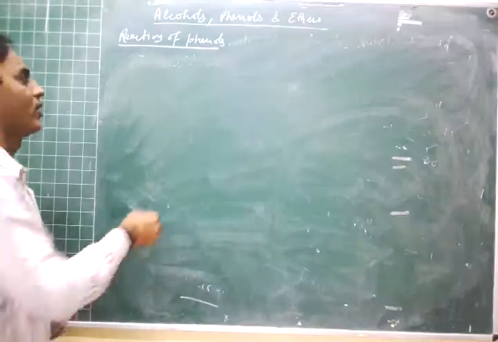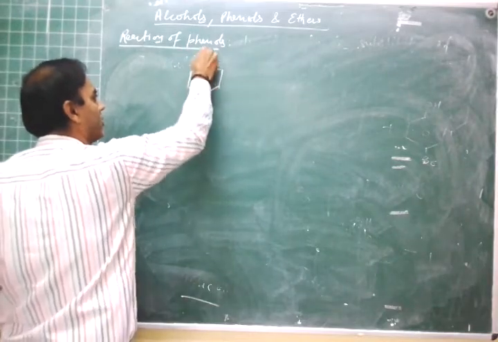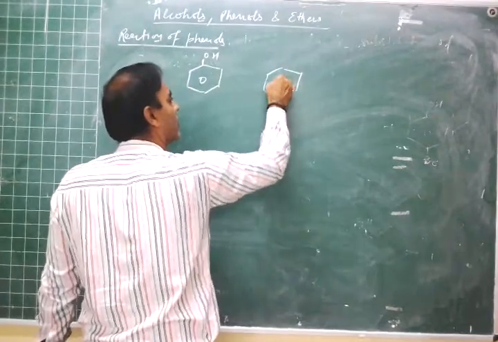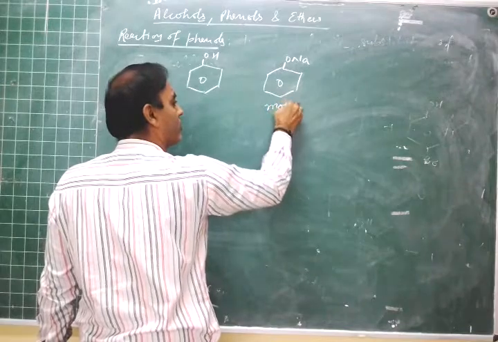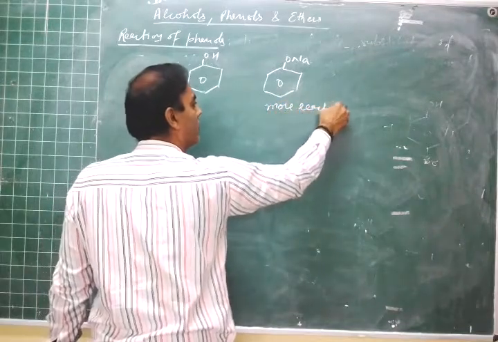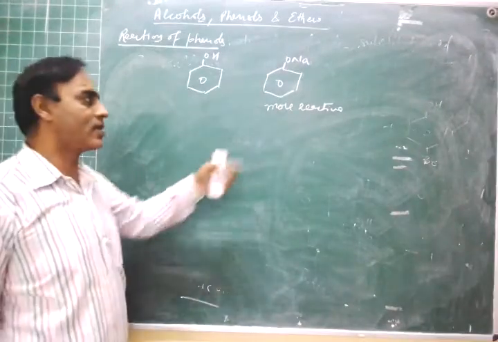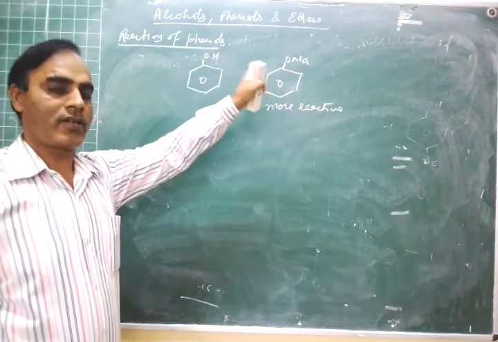Other reactions of phenol: if you compare phenol and sodium phenoxide, sodium phenoxide is more active than phenol, and this can be used for reaction with weak electrophiles.